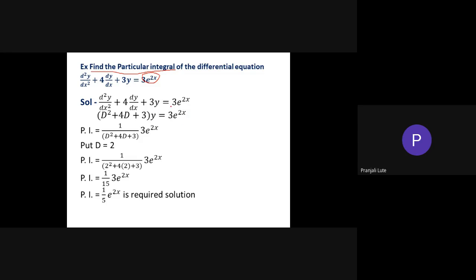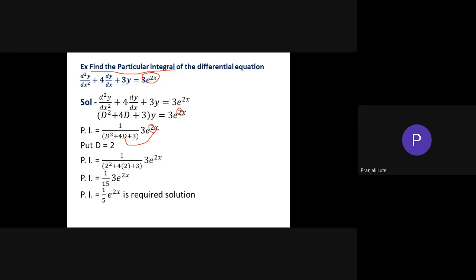This is case number 1, e to the power ax. So what is the value of a here? Value of a is 2. So PI equals 1 upon D square plus 4D plus 3 into right hand side 3 e to the power 2x. In this case, the value of a is 2, so you have to replace this D by a.